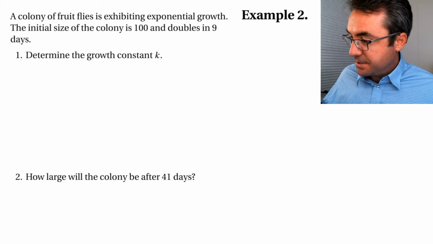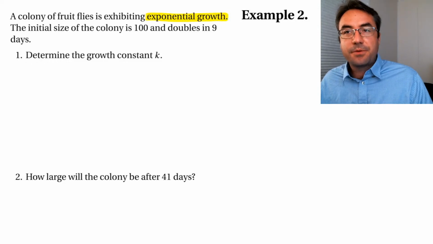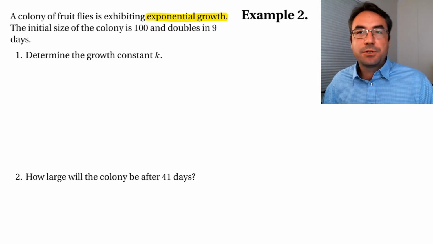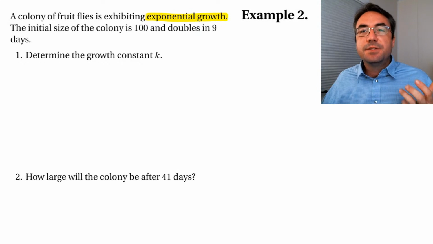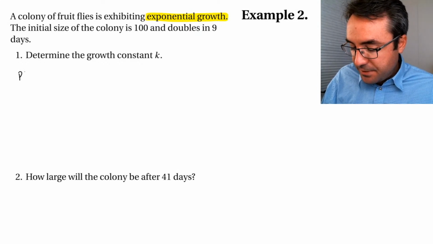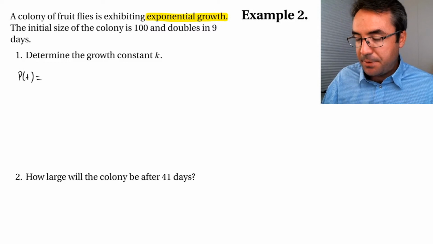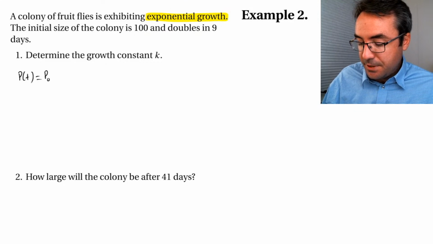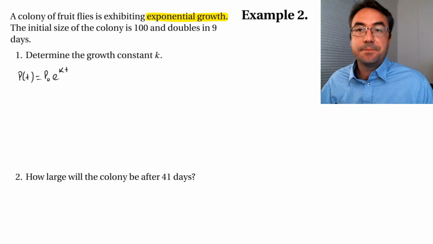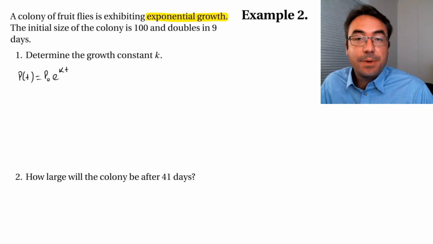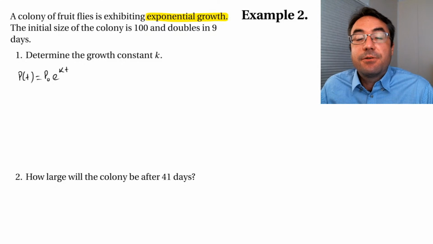That phrase, exponential growth, is another way of saying that the rate of population change is proportional to the population size. That tells us the population function p of t is equal to p0 times e to the kt. So we need to determine what p0 is, the initial population, and then figure out what k is.